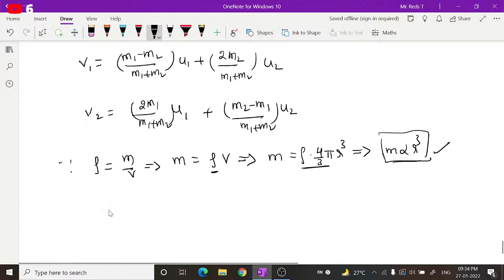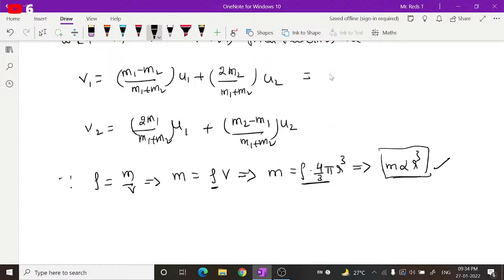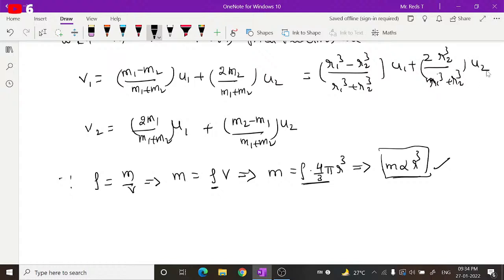Likewise we replace here. Then this equation can be expressed as v1 equals (r1 cubed minus r2 cubed) divided by (r1 cubed plus r2 cubed) into u1, plus 2 into r2 cubed divided by (r1 cubed plus r2 cubed) into u2.